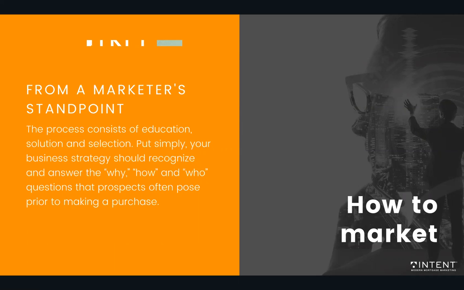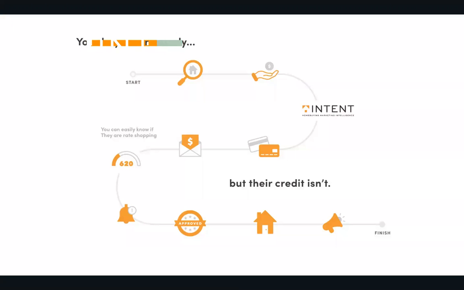Is it that you need more space because your family is growing? Do you need less space because you're an empty nester? What is your why for doing this? How are we going to make this accessible to you? Is it going to be an easy application? Is it going to be making sure that we're asking them if they have a realtor yet that you can suggest? And the who is the question that you have to ask yourself, because otherwise it's just everyone, and everyone isn't exactly the best way to market.